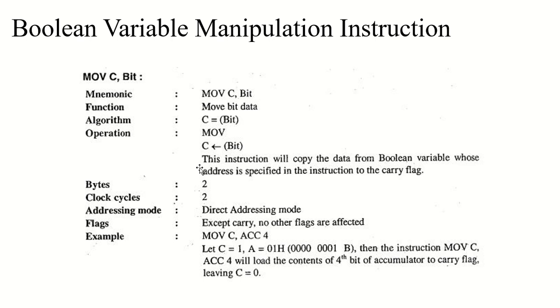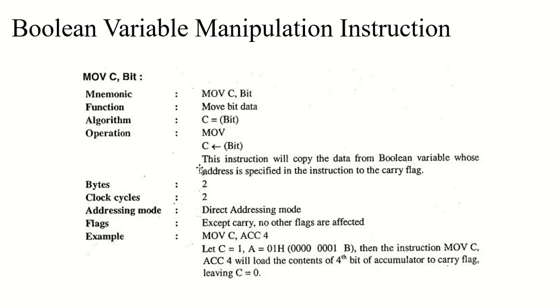So the third one is the MOV C, bit. It moves the bit data, and it is a simple move operation. You know how move operation works, right? The instruction will copy the data from the boolean variable whose address is specified in the instruction to the carry flag. C here stands for carry.